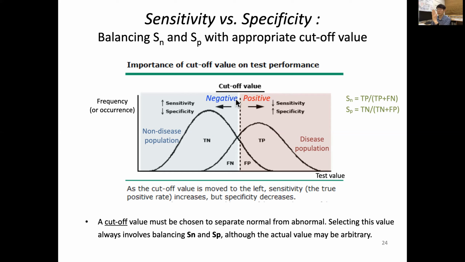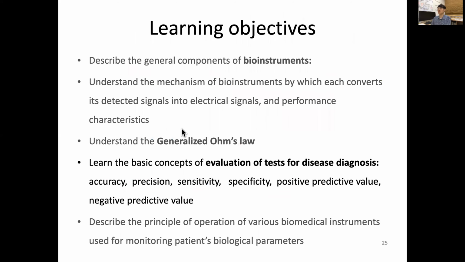Vice versa, if you put your cutoff value lower, you can increase sensitivity so that you are not missing much disease, but your specificity will decrease. Does it make sense? So it's always a compromise. There's nothing where you gain everything, right? With this, next time I'm going to discuss positive predictive value and negative predictive value. Thank you for your attention.